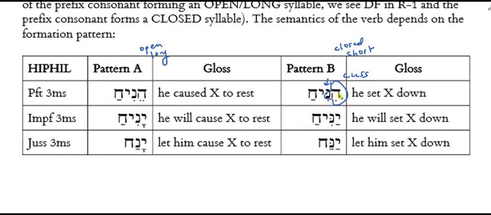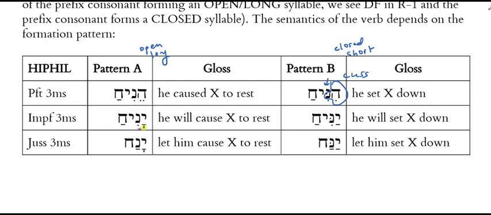So hin niach means he set X down. So something's rolling down the hill. I use this pattern to say he caused it to rest. He caused it to come to rest. Over here, with the pattern B, it means he basically had something in his hand and he set it down in a resting position. All right.